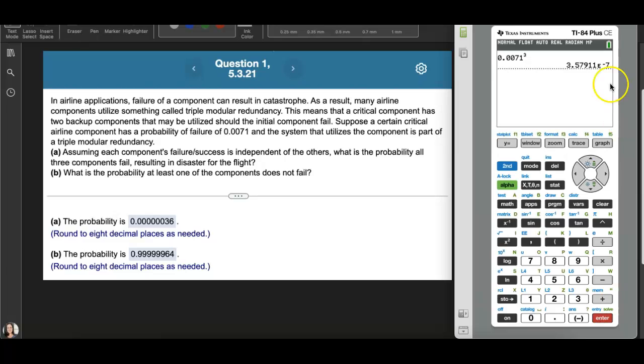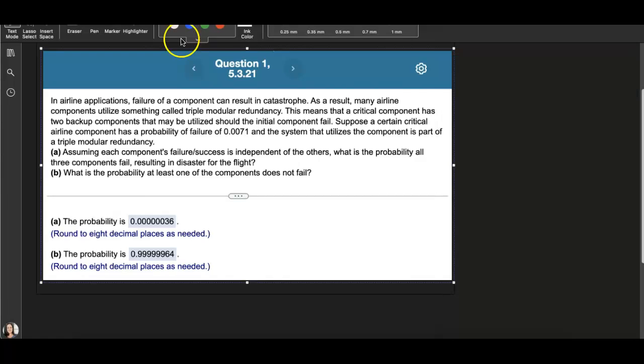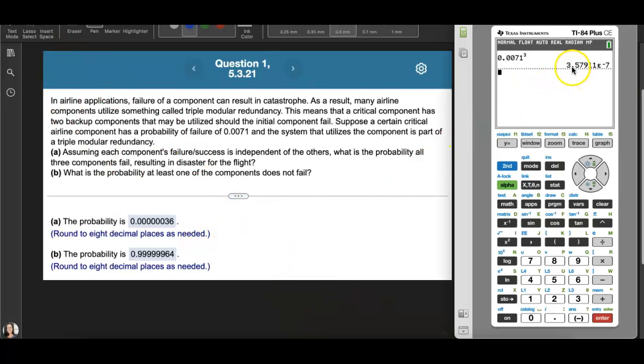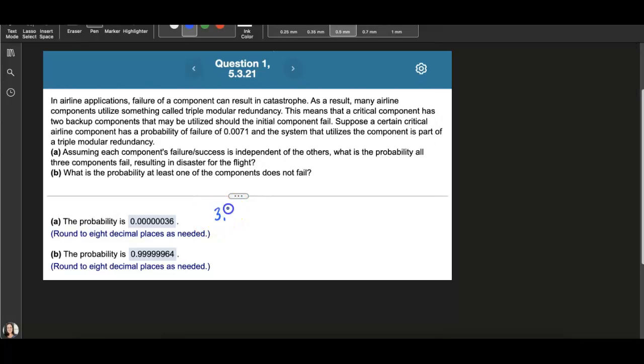Now keep in mind that when you do something like this in your calculator, you will get this shorthand scientific notation. So I'm going to write that out here. That was, let's say 3.6, just for rounding's sake, 3.6 e negative 7 is what our calculator says.